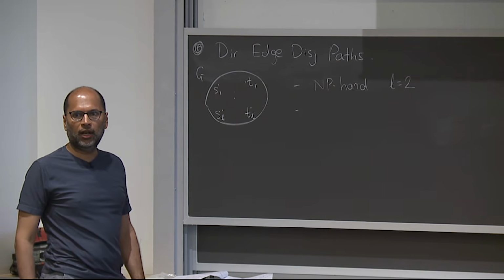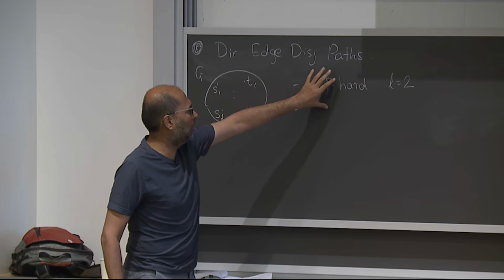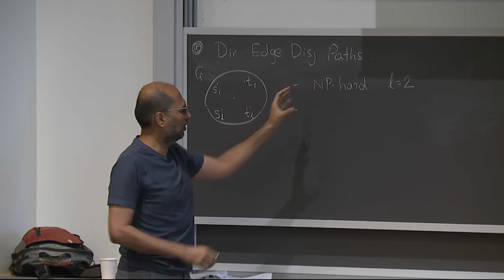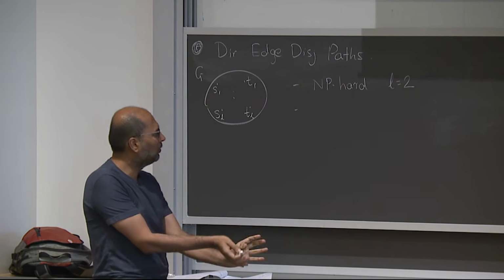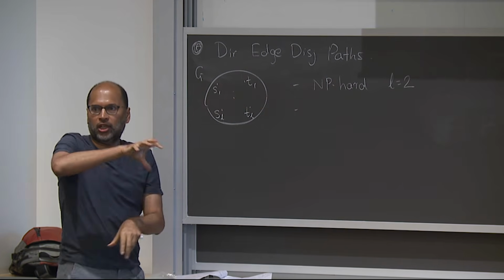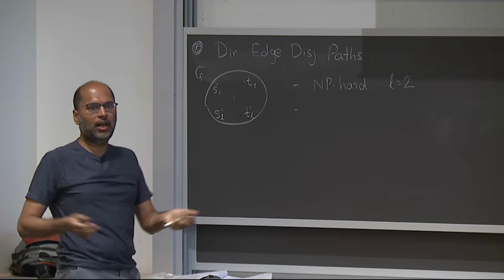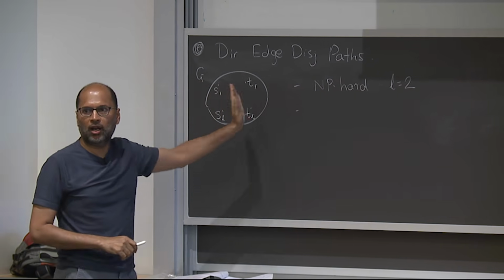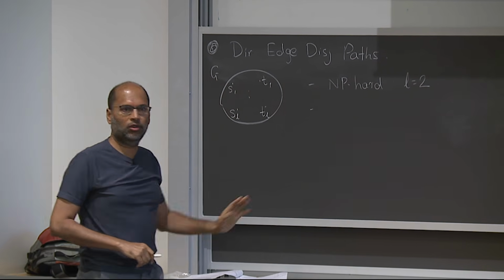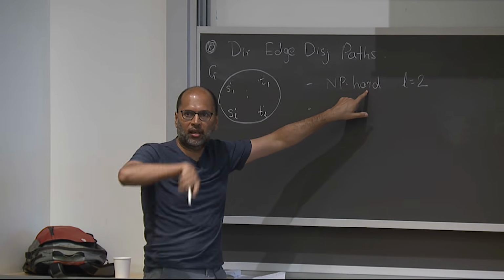This is NP-hard. But then it turns out you can take this hard instance of this problem and use it as a gadget in a higher-level reduction to show that this problem is very hard. Okay? So this basic hardness result is just used as a gadget in a higher-level reduction.